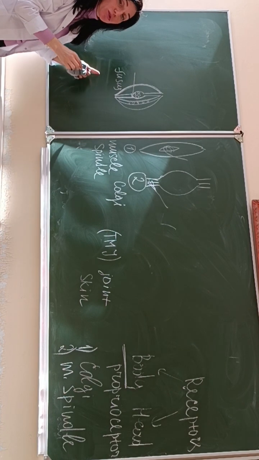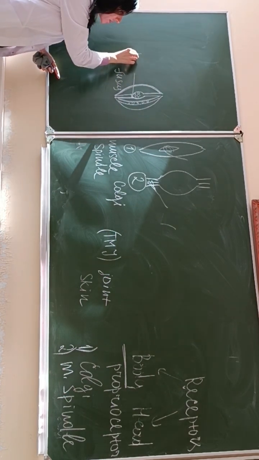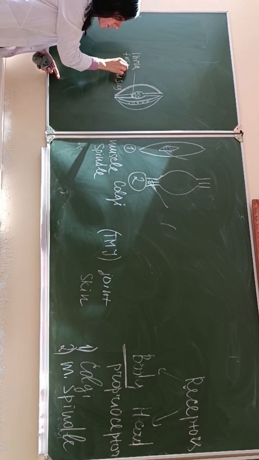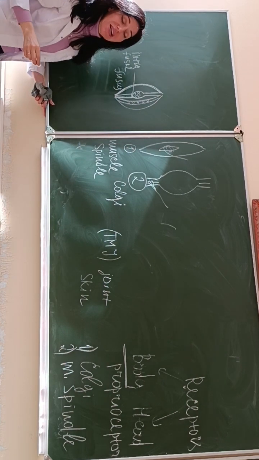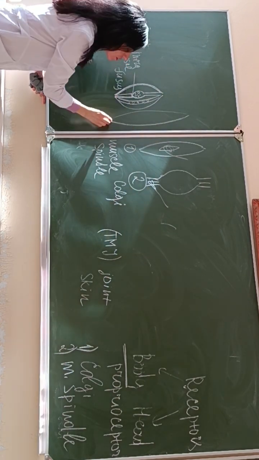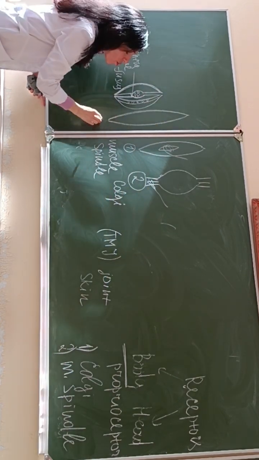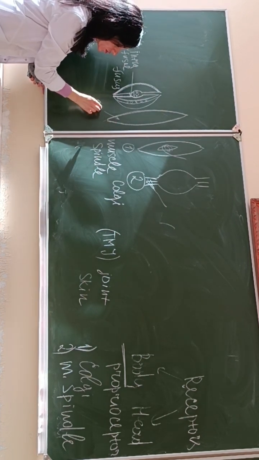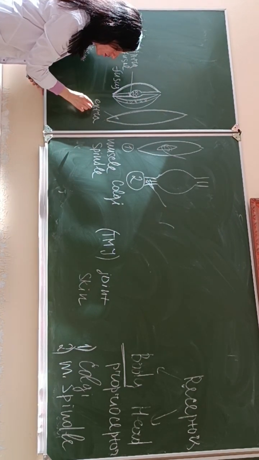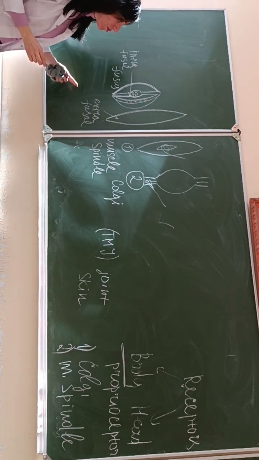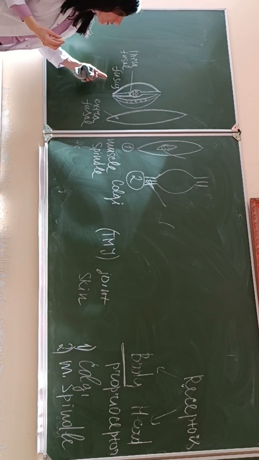Because inside the fusus. The contractile muscle fibers around, in opposition, are called extrafusal. They provide muscle contraction and force.